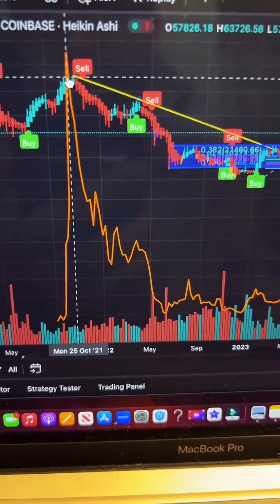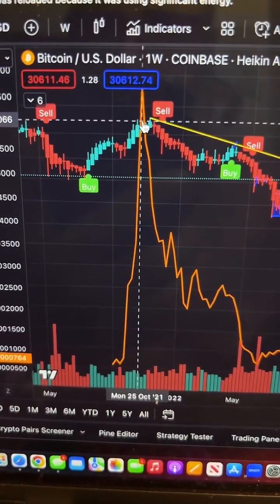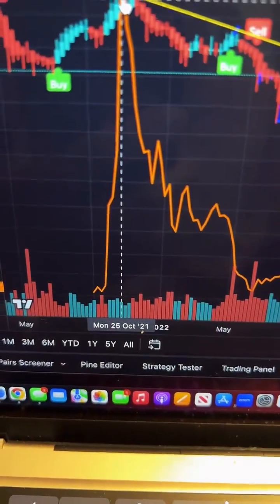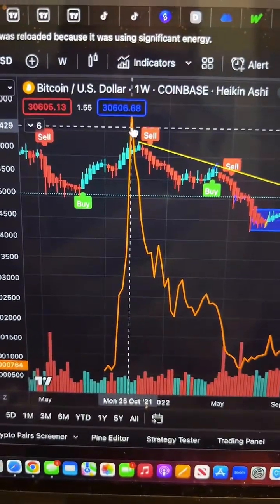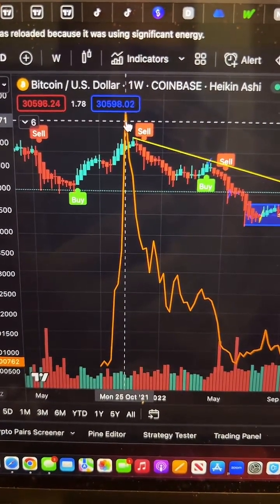It happens at basically the exact top of the market. This is the Bitcoin price, the red and green. It happens at basically the exact top on October 25th. That is the signal. When you see something like that happen, it is time to get out.